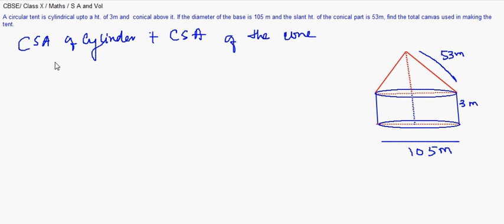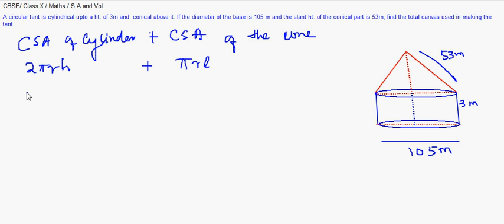What is the curved surface area of a cylinder? It is given by 2 pi r h. And the curved surface area of the cone is pi r l, and this l stands for the slant height.